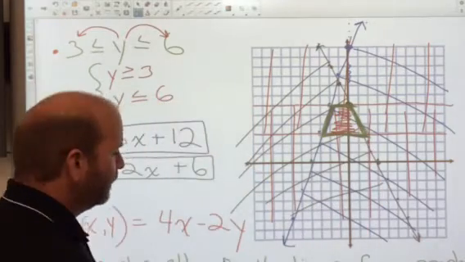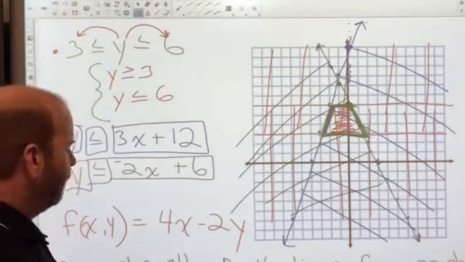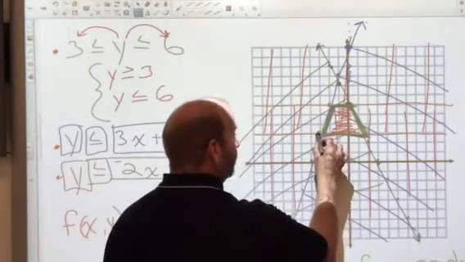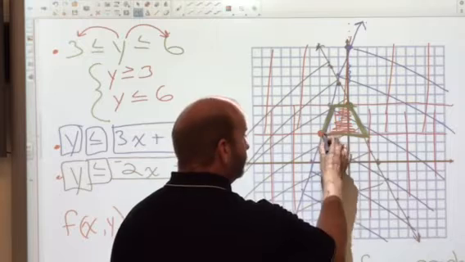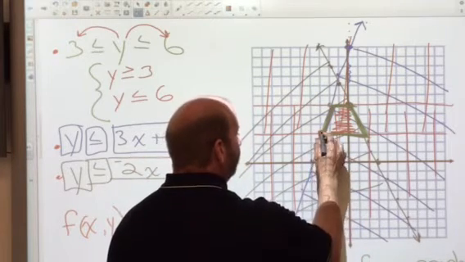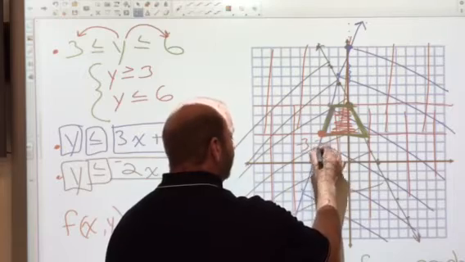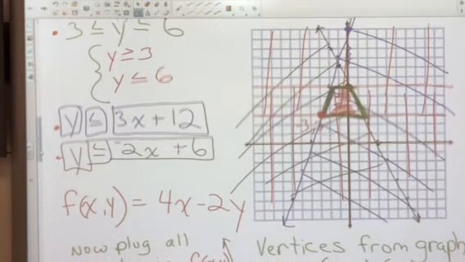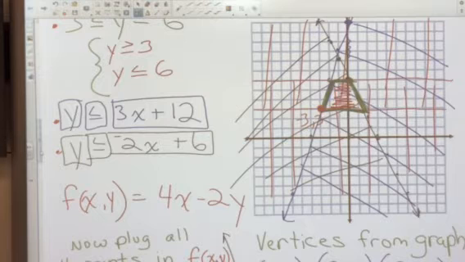Okay, with this one, can we get vertices from the graph? You look at the graph, this point met there, so that is negative 3, 3. I have to go back over here and move up. So negative 3, 3 is the bottom left point, and then do we have a top left point?